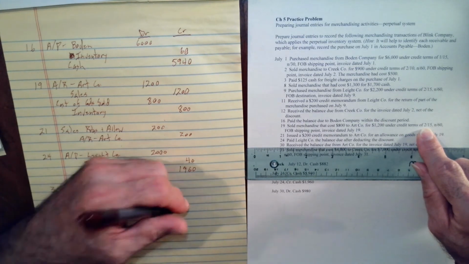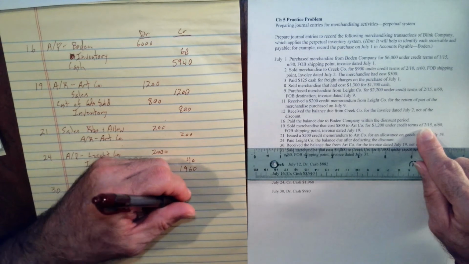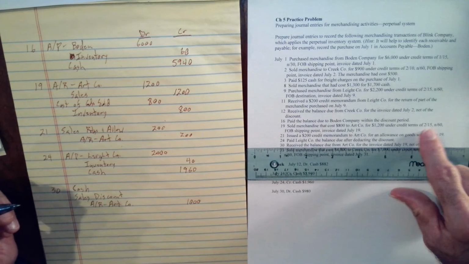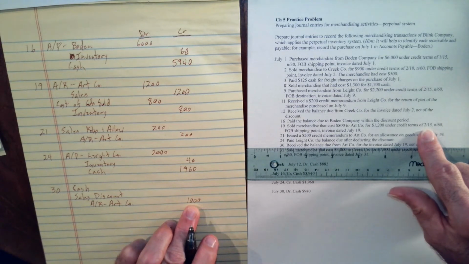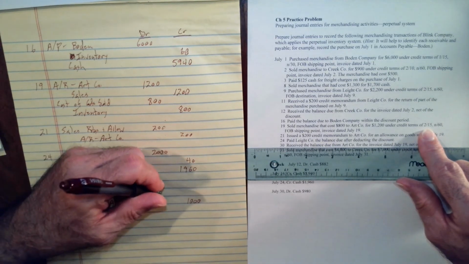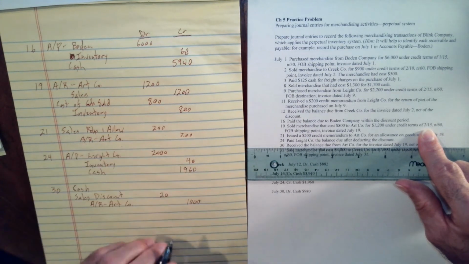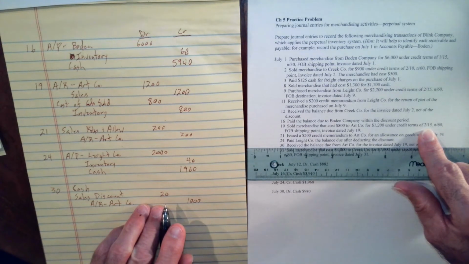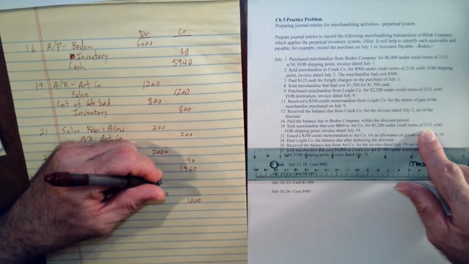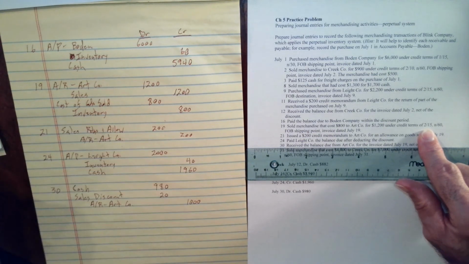Okay, so Art had $1,000, and that will be the credit side. And again, 2% of $1,000 is going to be $20. That's going to be my sales discount. And then that means I will wind up receiving cash in the form of $980.